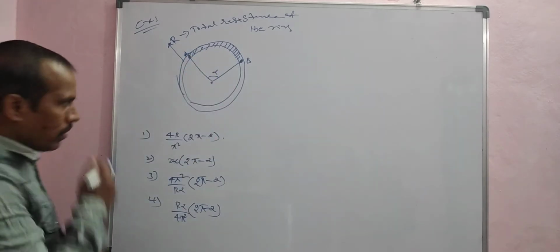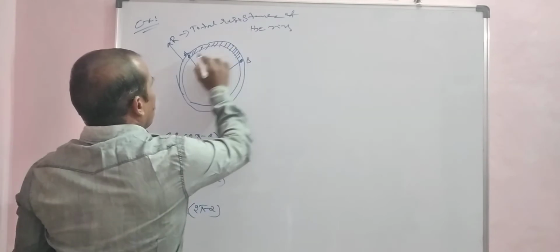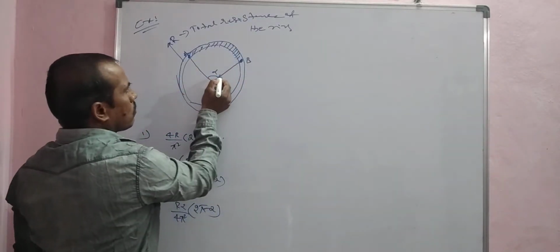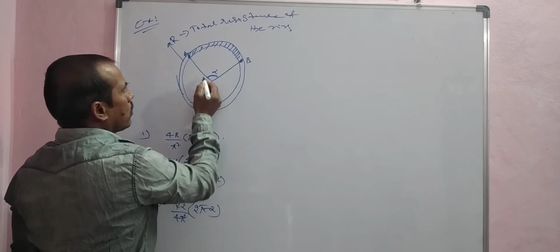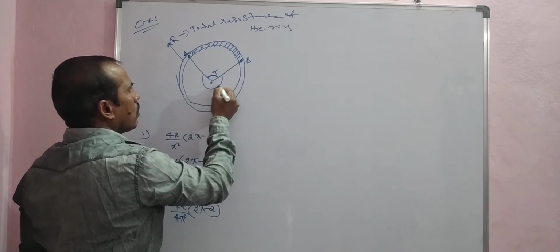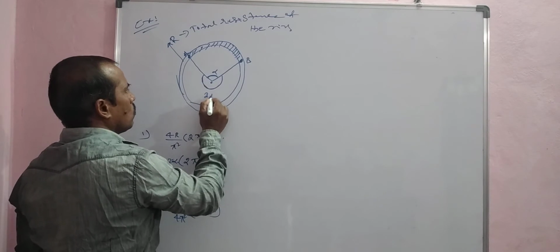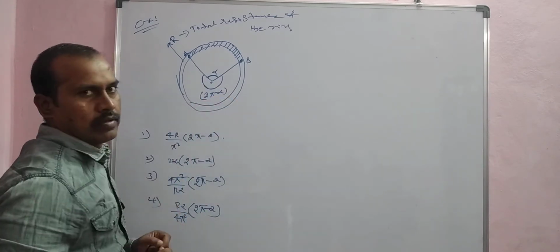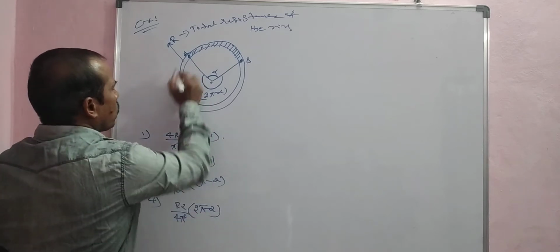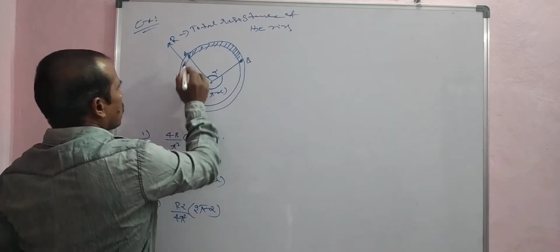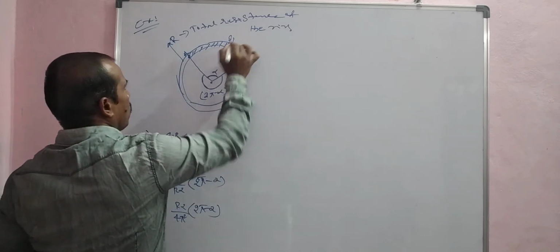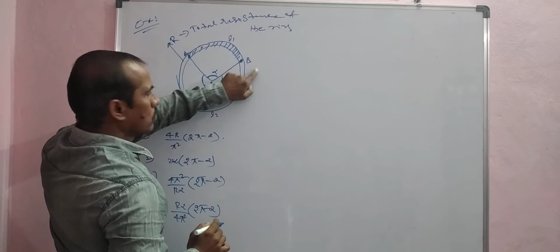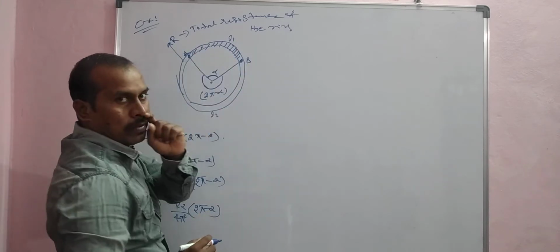First of all, the portion AB, this angle here is alpha. The remaining angle here is 2 pi minus alpha. This portion here is L1, and this portion is L2.